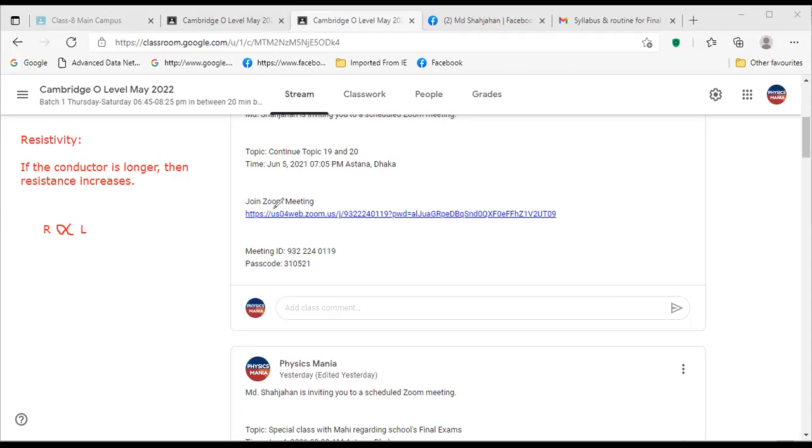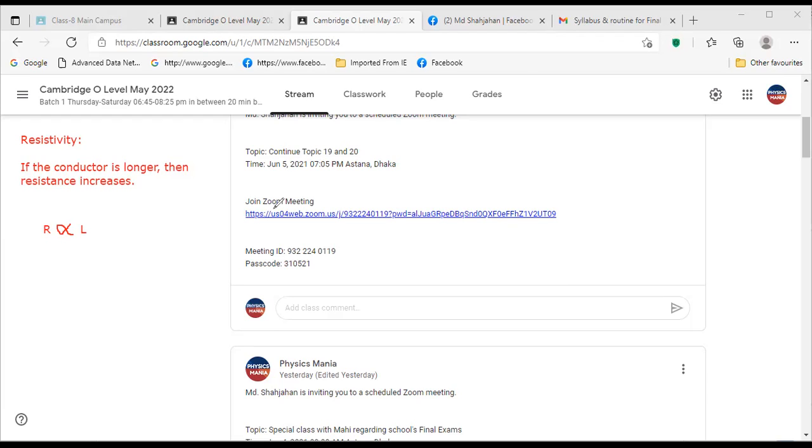Yes. So does it for electrons. If the electrons are getting a wider path, a thicker wire, a fat wire, have you understood?